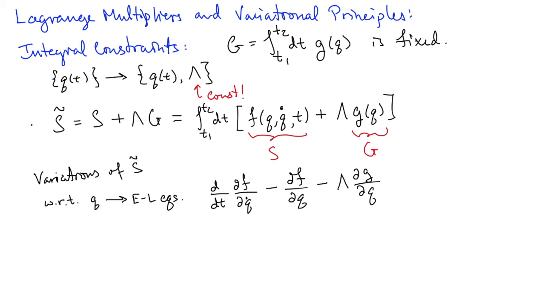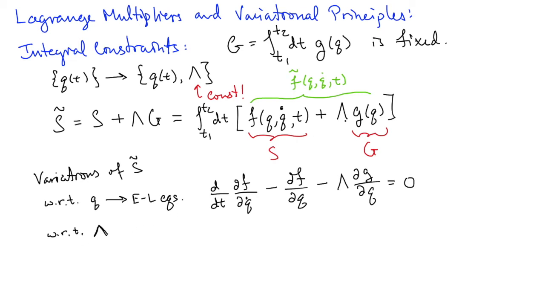Okay, so this s tilde, we might think of it as being defined in terms of an f tilde of q, q dot, and time, which is equal to the sum, right? And we're just writing down the Euler-Lagrange equations for this f tilde, and that equals 0. The second set of variations are with respect to lambda, because now we've elevated lambda to a coordinate.